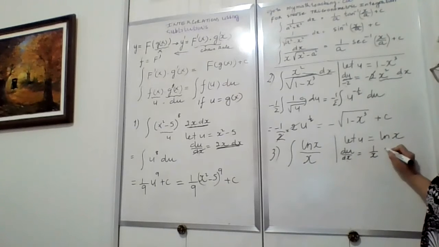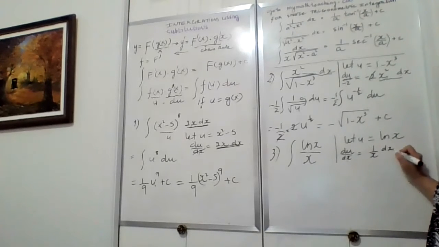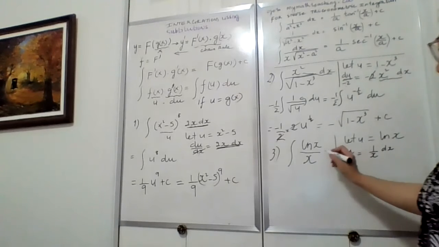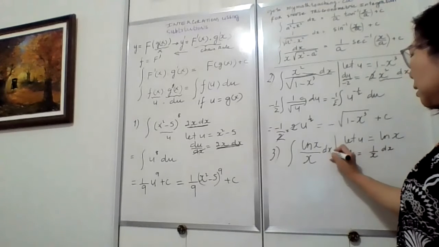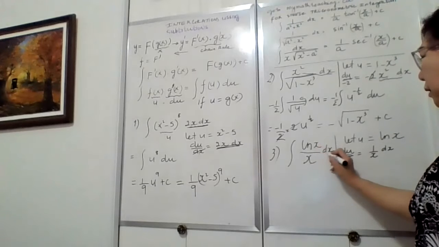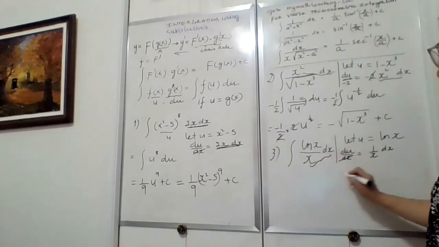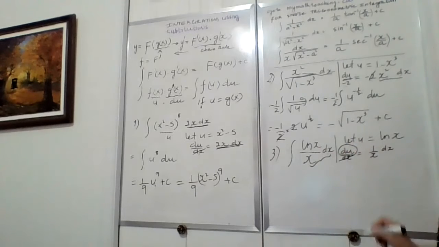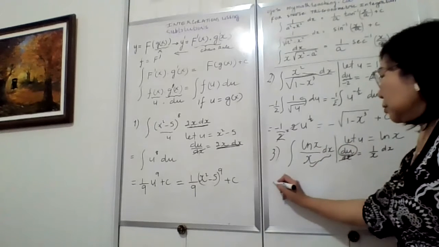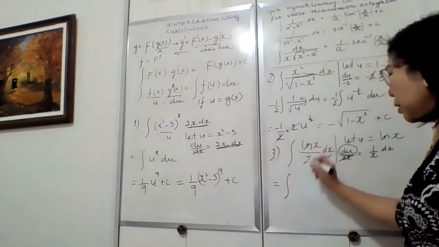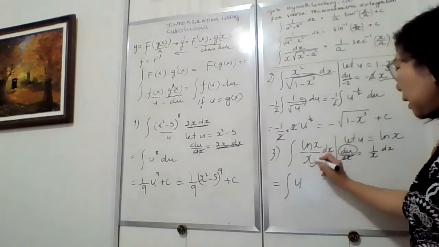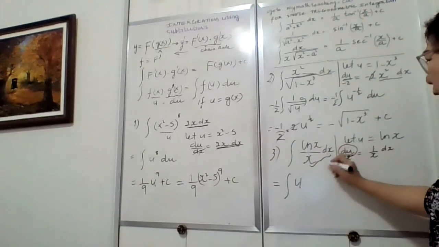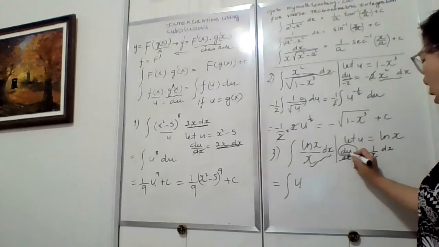If I kick the dx up here, I have 1 over x dx up there, and that down here is gone. So now you can see the pattern here. The 1 over x dx, which is this part, can be replaced by our du, because du equals that. So now we will substitute this ln x by u, and the whole thing here, 1 over x dx, will become our du.